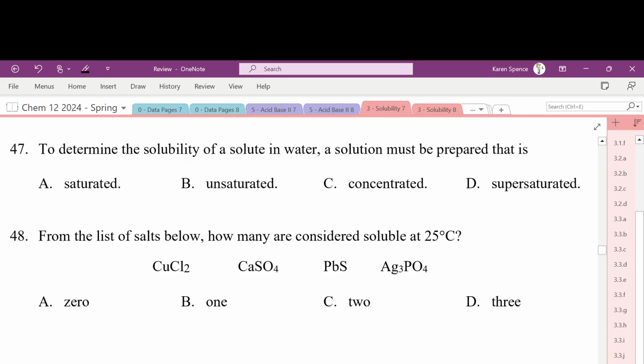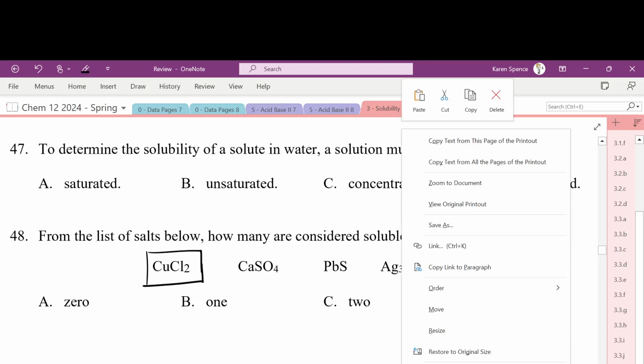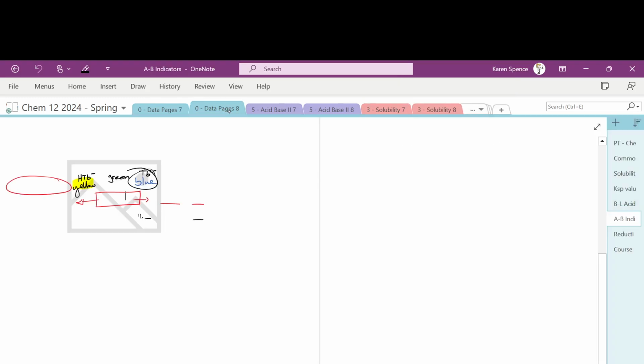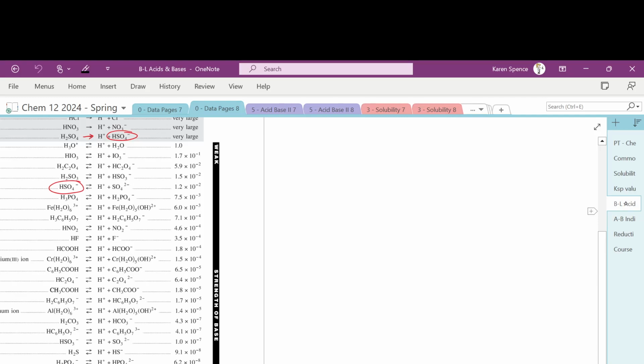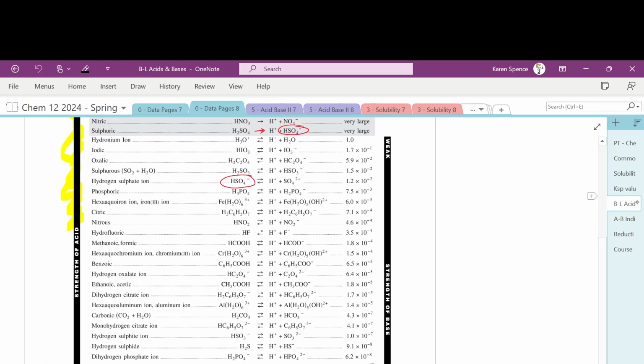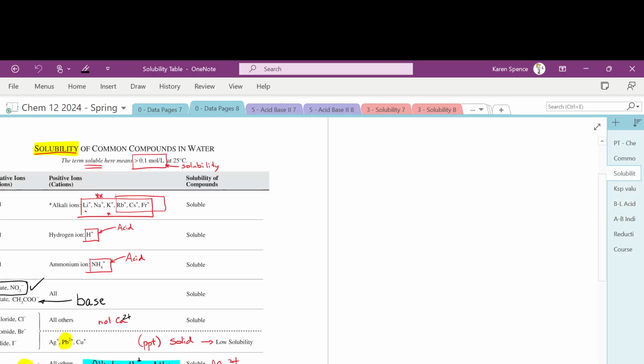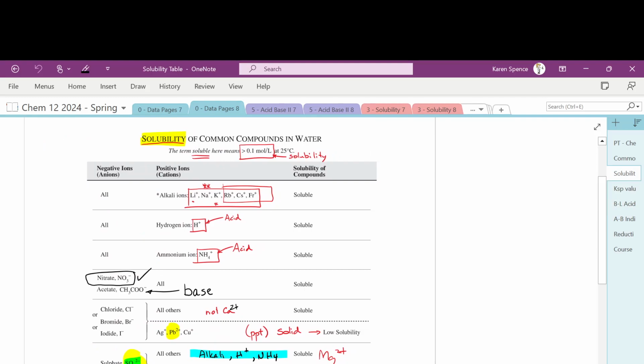From the list of salts below, how many are considered soluble at 25 degrees Celsius? So let's go and look at our solubility table. So we've got copper and chloride. Now it was CuCl2.